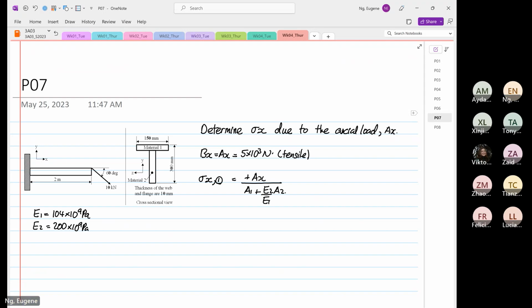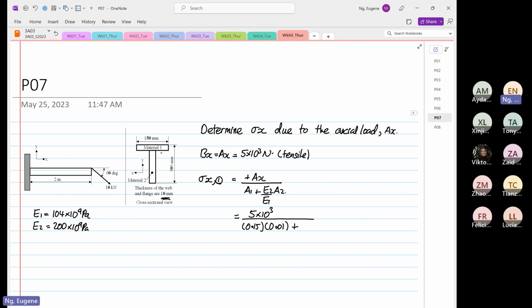Okay. So material E1, okay, is for material 1. So AX is 5 times 10 to the power 3. Material 1, the width is 0.15. Right, you all can see, right, 150. And the thickness throughout is 10 millimeters, multiplied by 0.01, plus, okay.